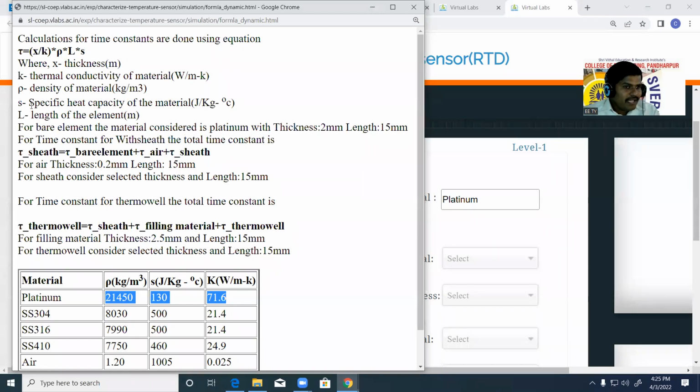Then S, that is specific heat, joules per kg degree Celsius, is also given 130. And for the thickness you use 0.2 mm, length 15 mm for the first one, that is bare hand; for sheath 15 mm, and for thermowell the total time constant is this formula. For filling material this one is the thickness. याच्यावरून हे कॅल्क्युलेशन करा, टाइम कॉन्स्टंट तेवढा येईल, व्हेरीफाय करायचं आहे 1.17.